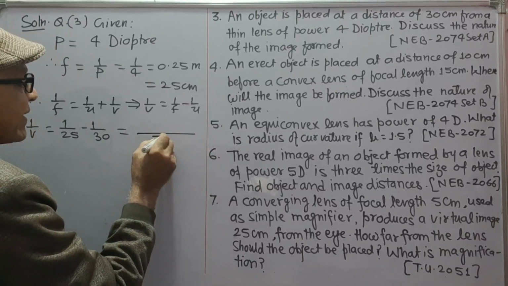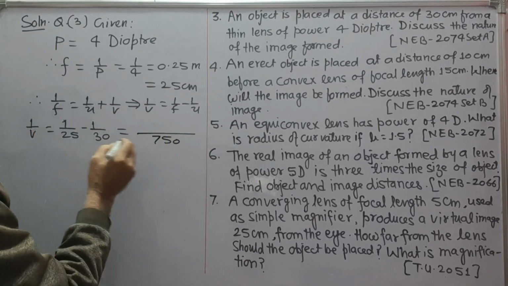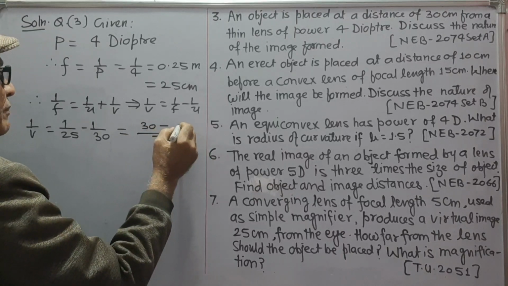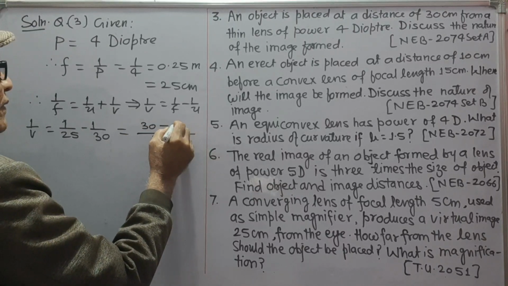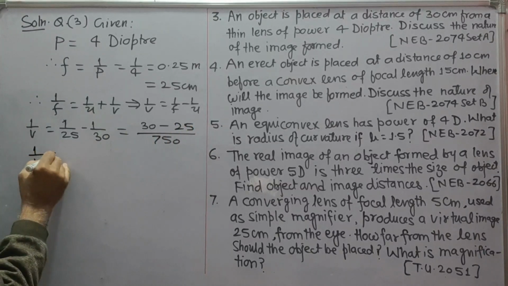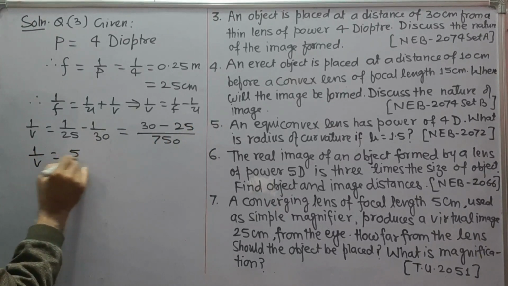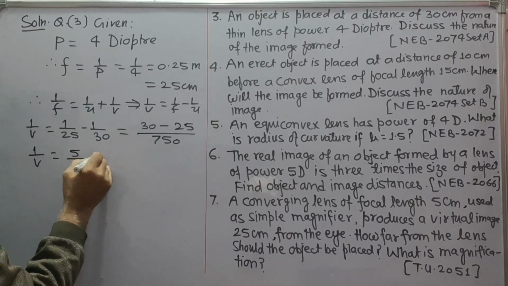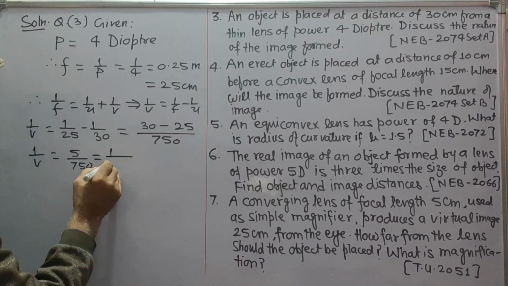LCM is 750. 30 minus 25, so 1 upon v is equal to 5 upon 750, which is 1 upon 150.